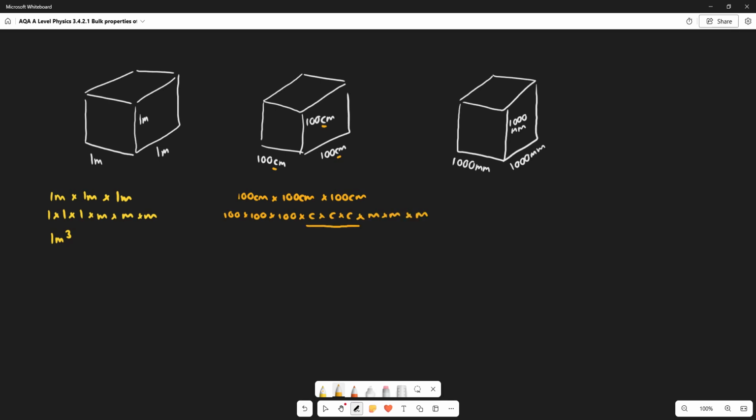Centi is times 10 to the minus 2, and we have 3 of them. We have 3 metres being multiplied together, and then we have the numbers over here. There are 6 zeros.